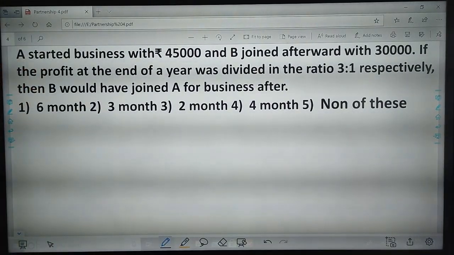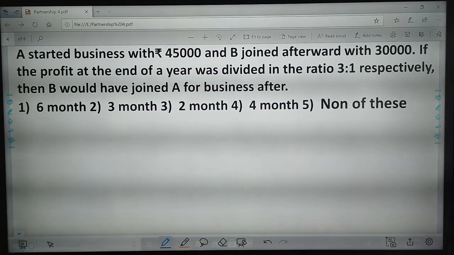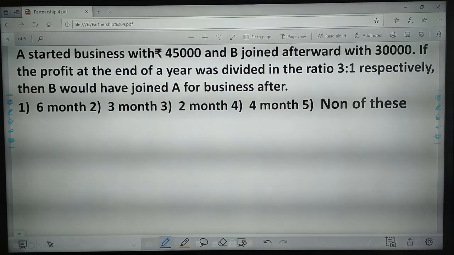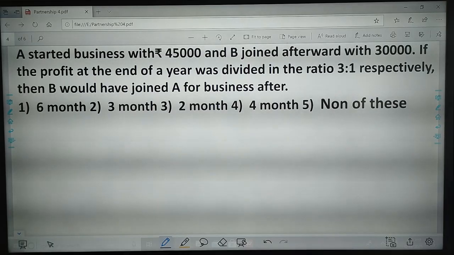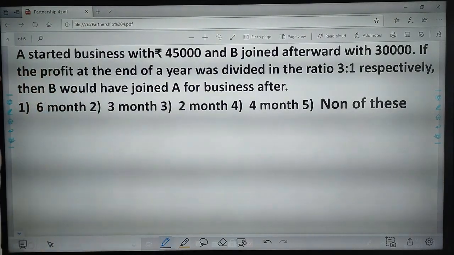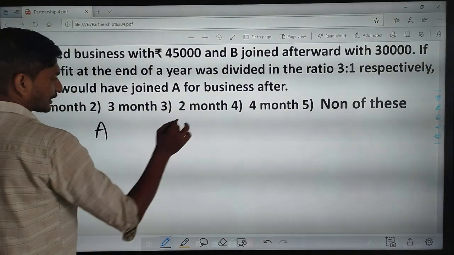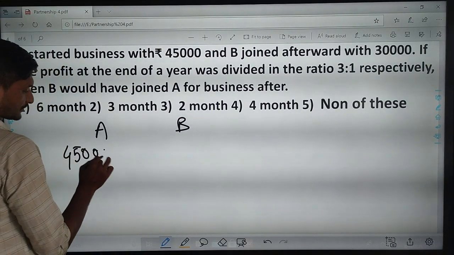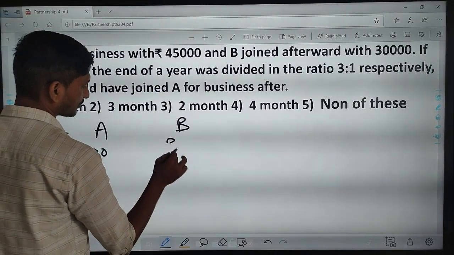A started a business with 45,000. B joined after some time with 30,000. If the profit at the end of the year was divided in the ratio 3:1 respectively, then B would have joined A for business after how many months? Here the capital of A is 45,000 and the capital of B is 30,000.